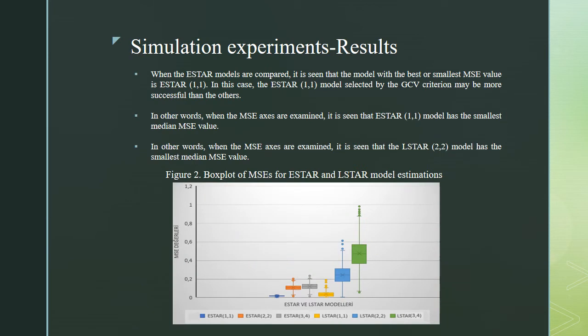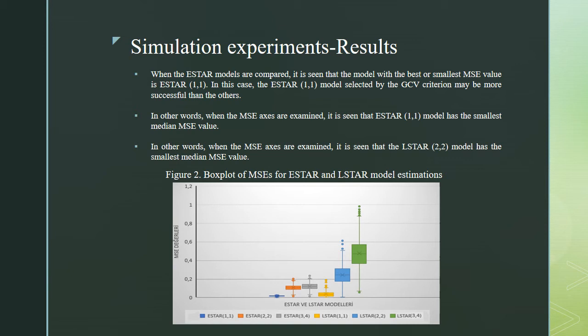When the A* models are compared, it is seen that the model with the best or smallest mean square error value is A*11. In this case, the A*11 model selected by the generalized cross-validation criterion may be more successful than the others.